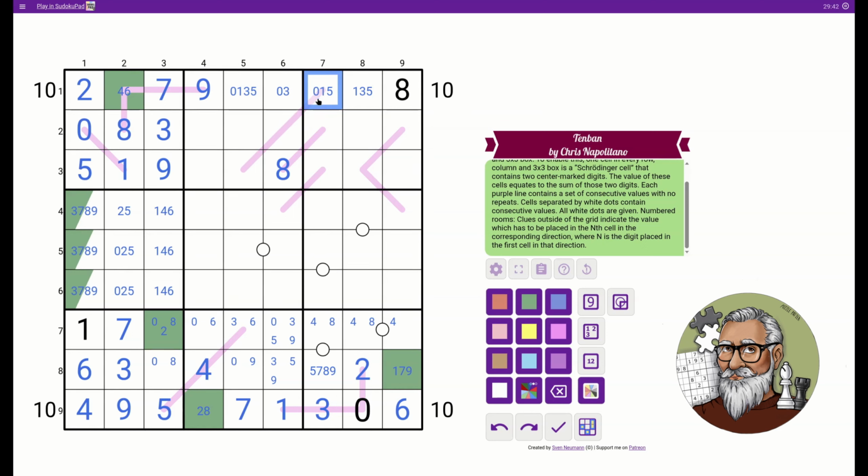Do I know? If this is 0, then these would have to be 1, 2. Is that okay? Then this would have to be 2. Oh no, this doesn't work. This is not a 0, is it? A 0 here would require a value of 1, and a value of 1 requires a digit 1, because it's either just 1 or a 0, 1, right? So we definitely need a 1 here, so that doesn't work.